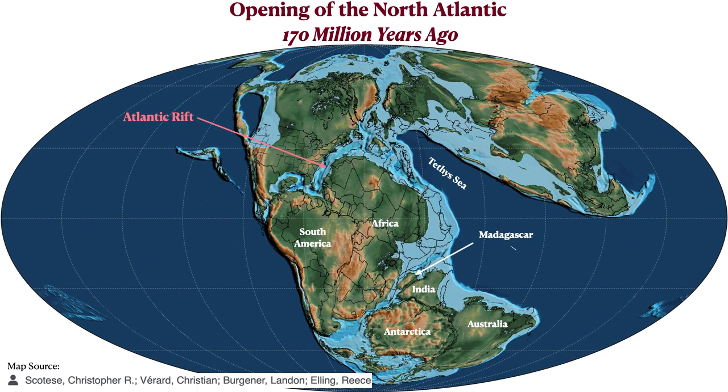Anyway, roughly 170 million years ago, the Atlantic begins to rift apart, separating North America from Africa and South America. You can see the so-called Tethys Sea in between these two blocks of continental land. And that process is going to continue. Note, I've added these labels showing Australia, Antarctica, India, Madagascar, Africa, and South America.